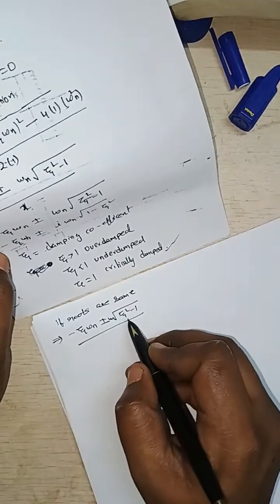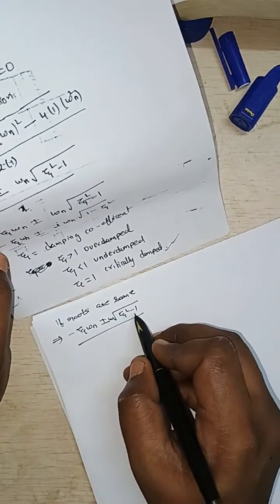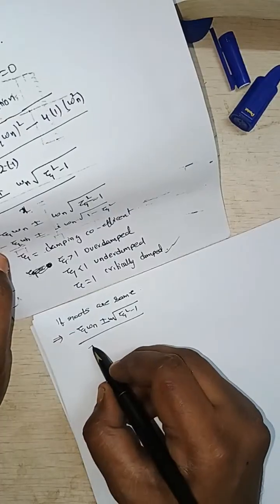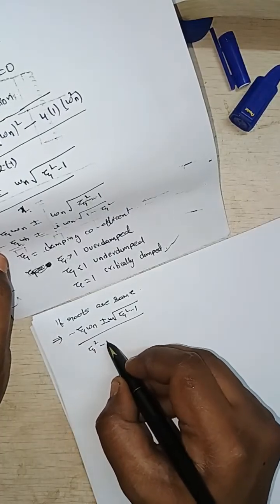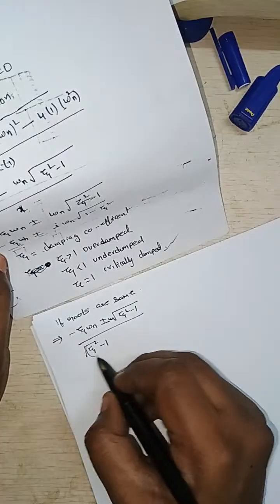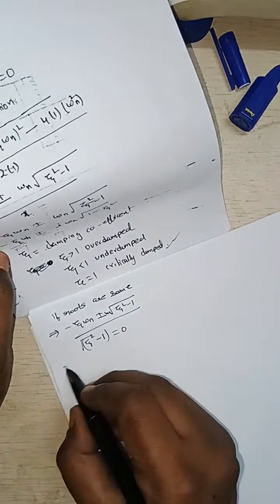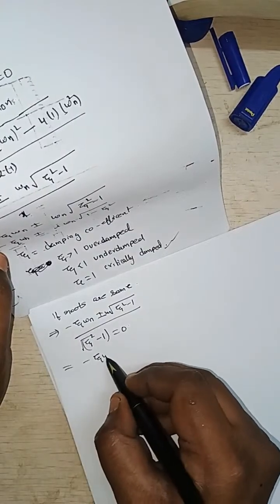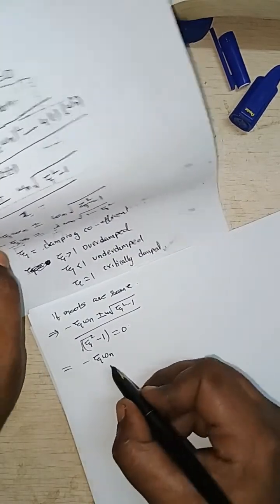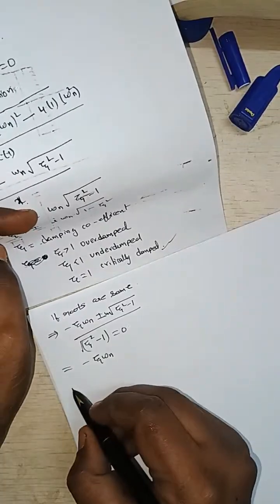So what if the roots are the same? The roots will be the same only when zeta square minus 1 is equal to 0. If this is equal to 0, then you end up with minus zeta into omega n.